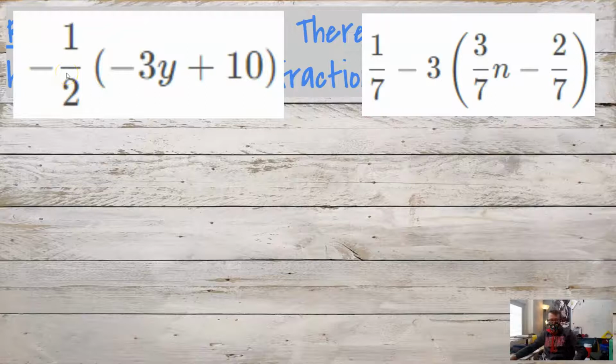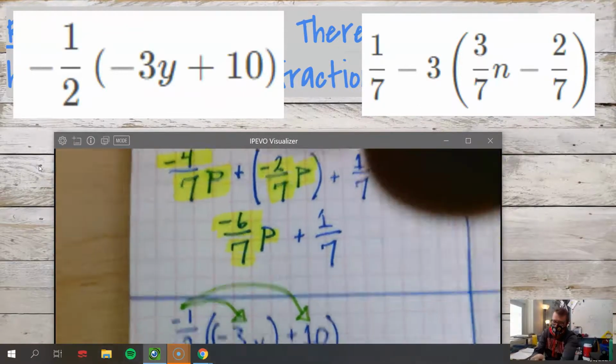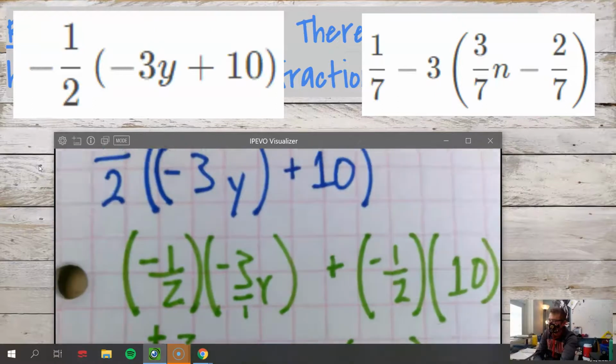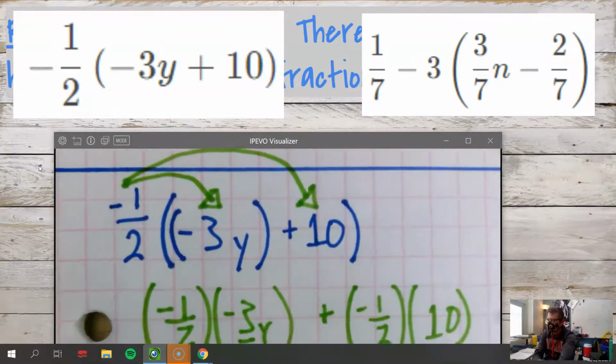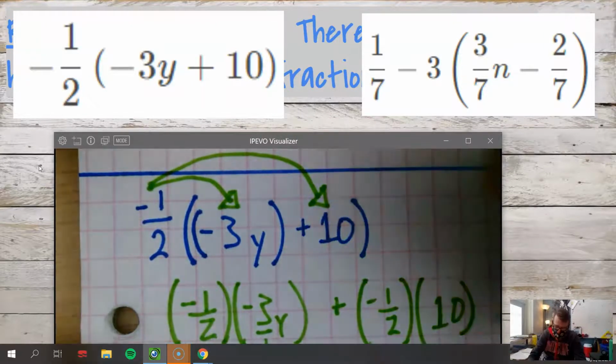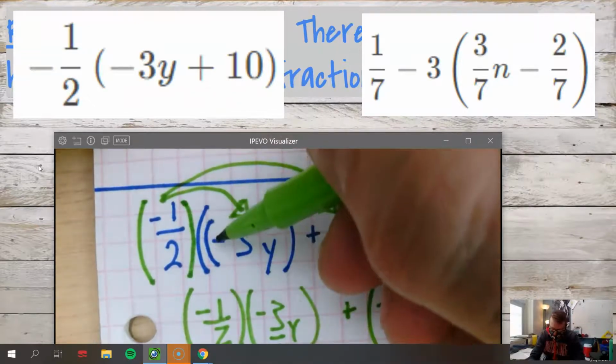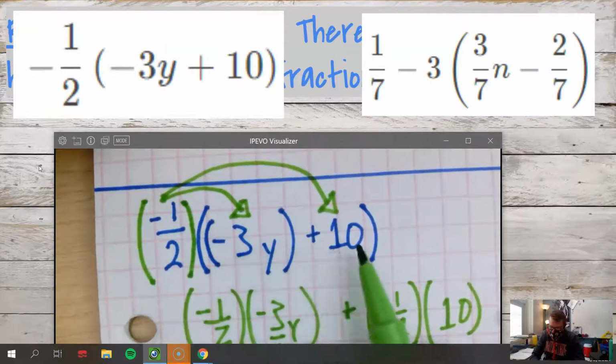So if you just want the mathematical explanation, we're splitting up the operation of multiplication, because this says do the opposite of 1/2, or you can call it negative 1/2. Do that negative 1/2 times everything in here.